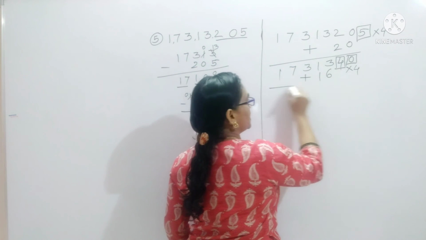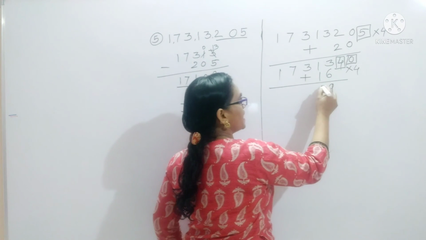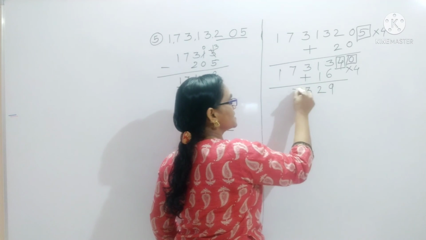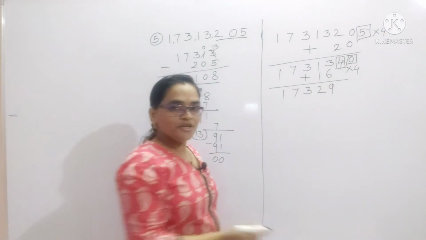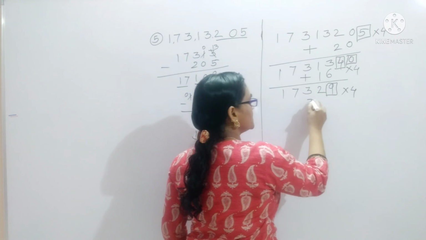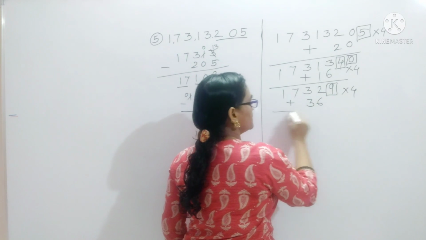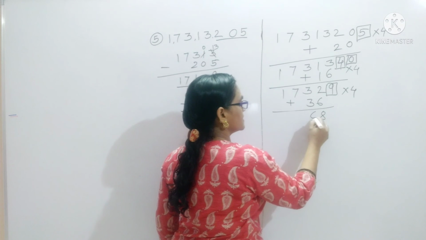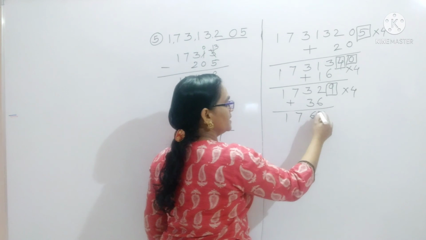Add 16 to the remaining number: 3 plus 6 is 9, 1 plus 1 is 2, 3 7 1. Continue with 9. 9 4s are 36. Addition check: 6 plus 2 is 8, 6 7 1.